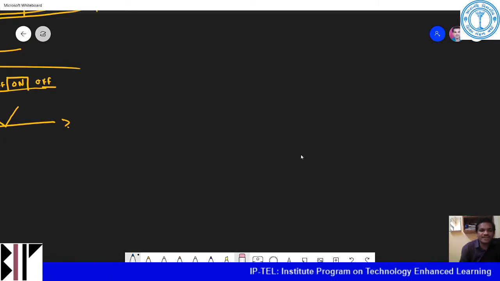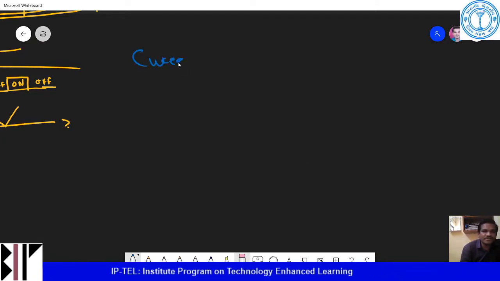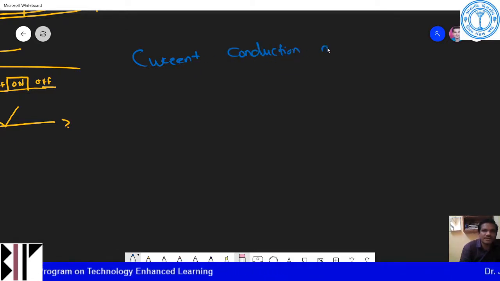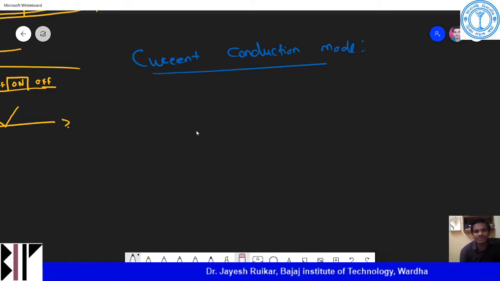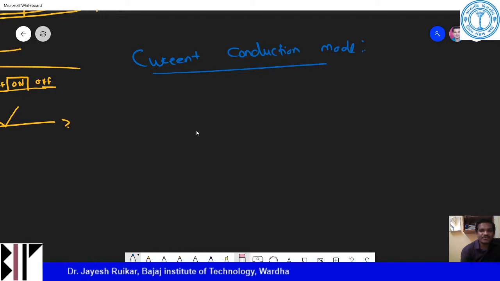Now, how do these current conduction modes work? We'll talk about current conduction mode. There are two types of mode: one is called continuous current conduction mode and the other is called discontinuous mode.